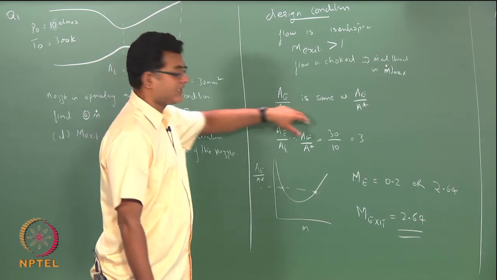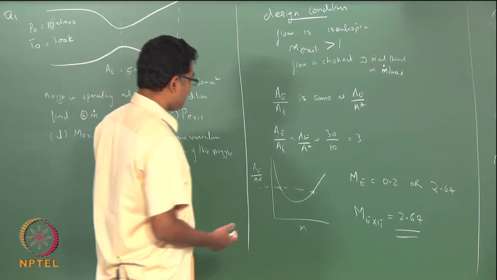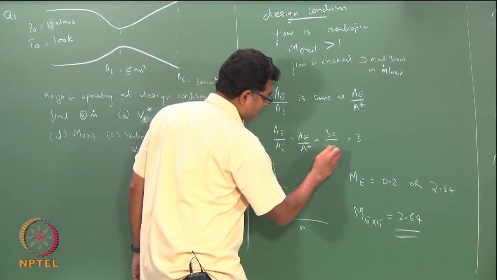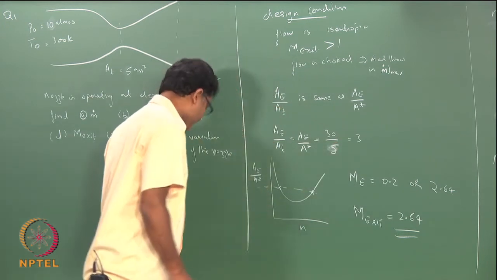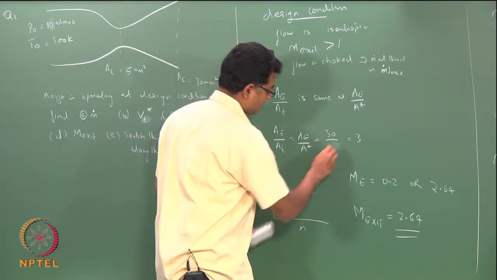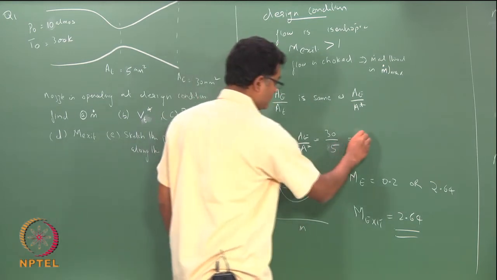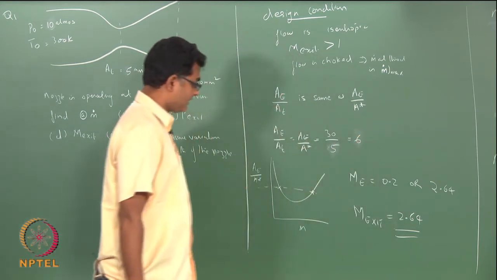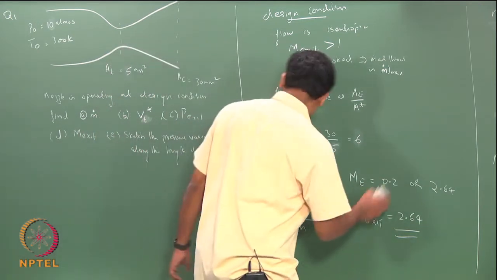AE by A throat is same as my AE by A star, but now the A star value is different. From 10 it is now reduced to 5. So, this is 30 by 5. So, the value is 6. Accordingly the Mach number at the exit is now different.